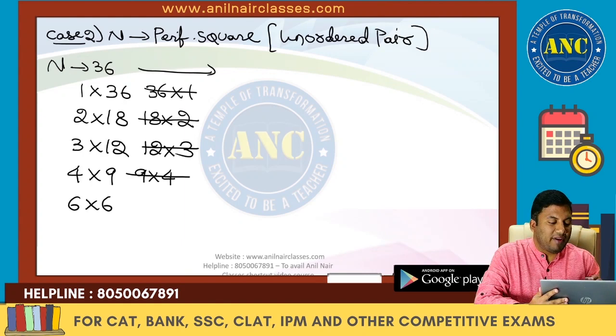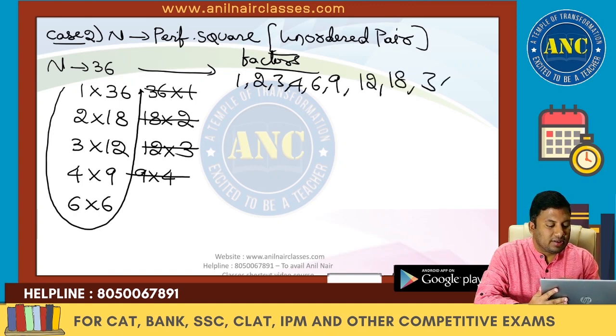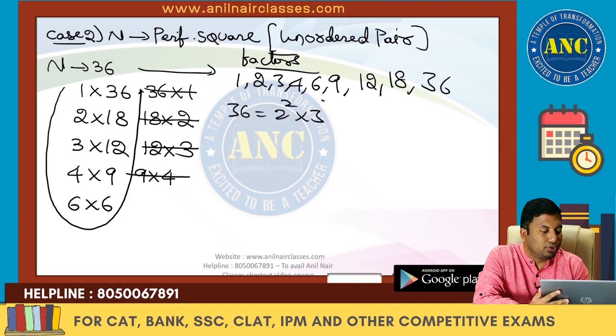What are the factors of 36? Write them down in this order and you will get all the factors: 1, 2, 3, 4, 6, 9, 12, 18, 36. 36 is nothing but 2 square into 3 square.